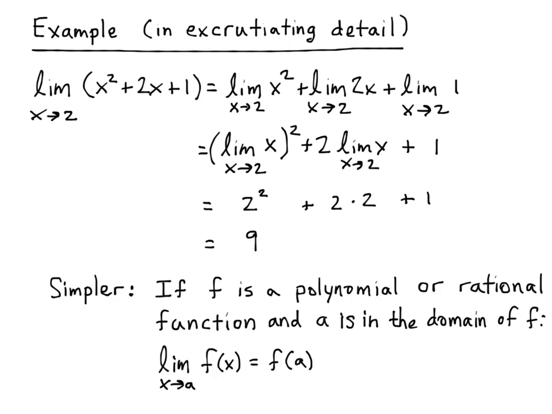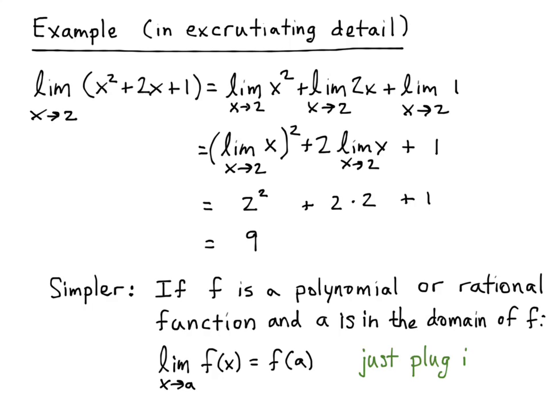Any polynomial has a domain of all real numbers, right? With rational functions we have to worry about division by 0. But a polynomial is just a sum of x to various powers with coefficients in front of it. So for any polynomial where we want to find a limit, where a is a real number, we're not talking about infinity now, just any real number, we just plug it right in.